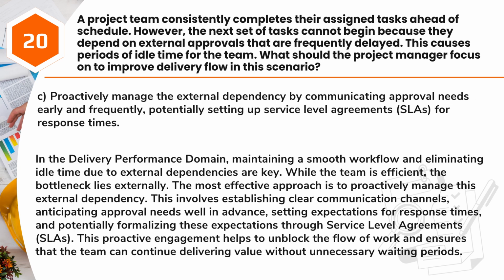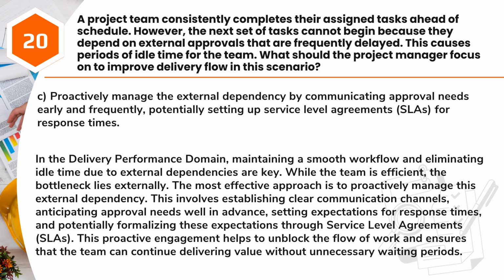Answer: C. Proactively manage the external dependency by communicating approval needs early and frequently, potentially setting up service-level agreements, SLAs, for response times. In the delivery performance domain, maintaining a smooth workflow and eliminating idle time due to external dependencies are key. While the team is efficient, the bottleneck lies externally. The most effective approach is to proactively manage this external dependency.